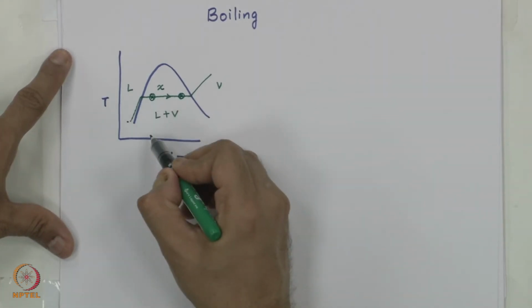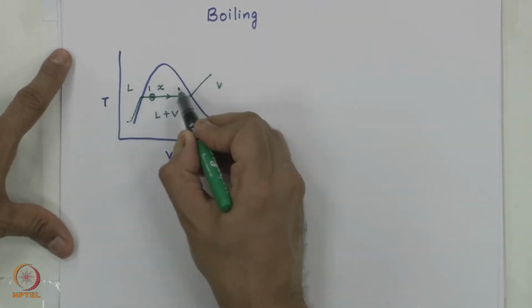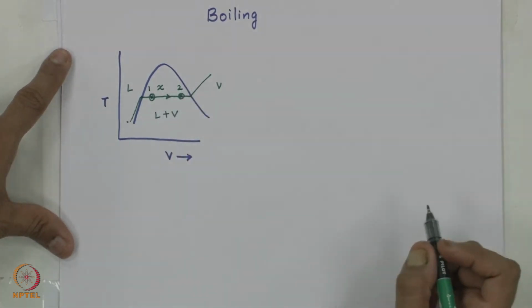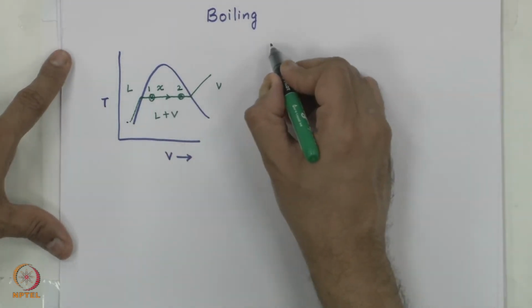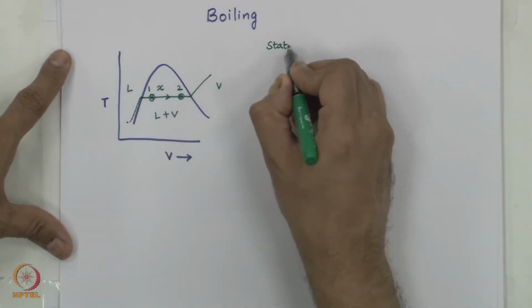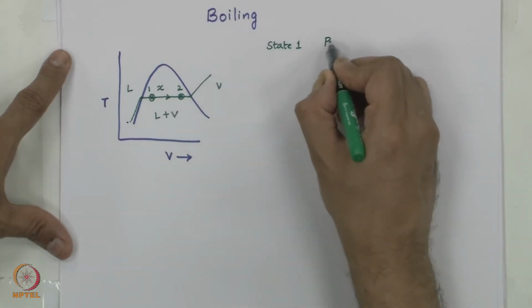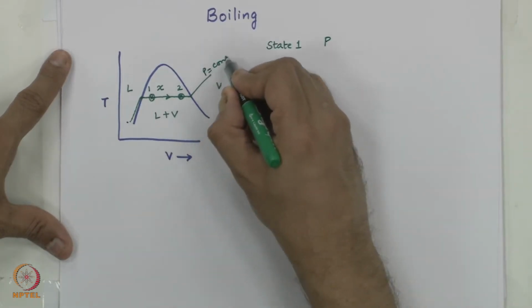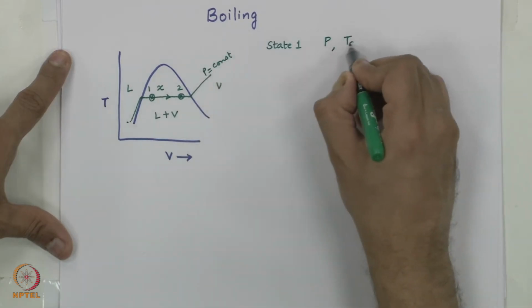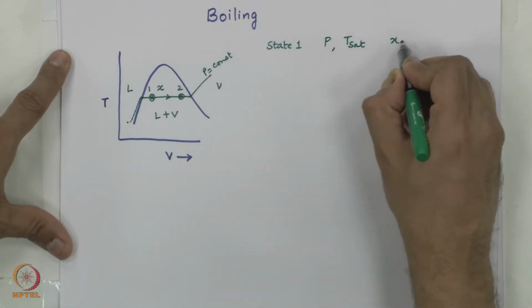This would be a low quality situation, 0.1 here, 0.2 would be a higher quality situation, and both of these cases, state 1 and state 2. State 1 is at P, this is P equal to constant, P and T sat, x1.